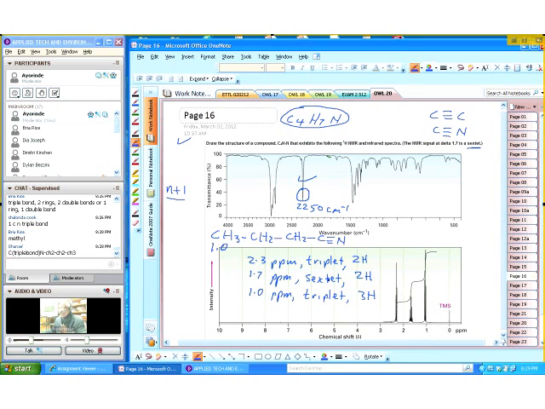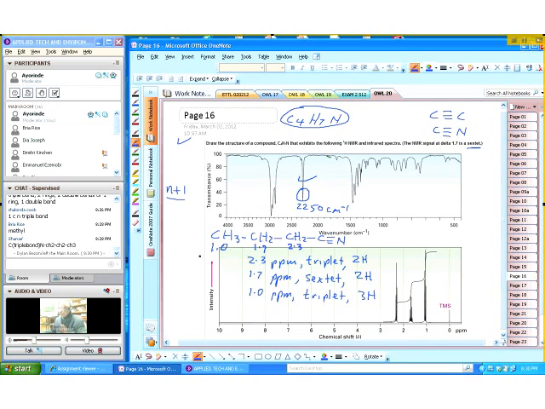Where is the 1.7 sextet? Sextet meaning that it is seeing 5 different hydrogens. So this must be that. This must be 1.7, because this is seeing these 2 hydrogens here plus these 3 hydrogens here. 5 plus 1 equals 6, and that is why you have a sextet.